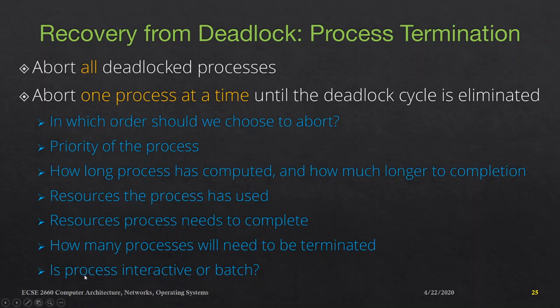And is the process interactive, which means that we are going back and forth between the user and the process, or is it a batch process where there is no interaction? Depending on the answers to all these questions, or some of them at least, that's going to help us figure out which process to select as a victim process and the order in which we do this.